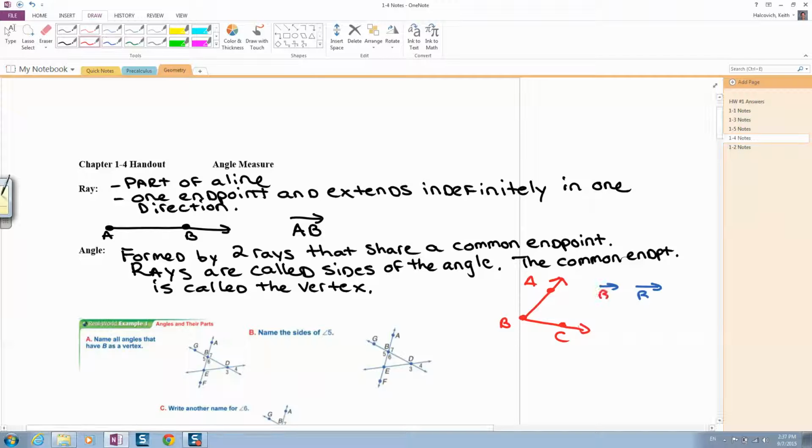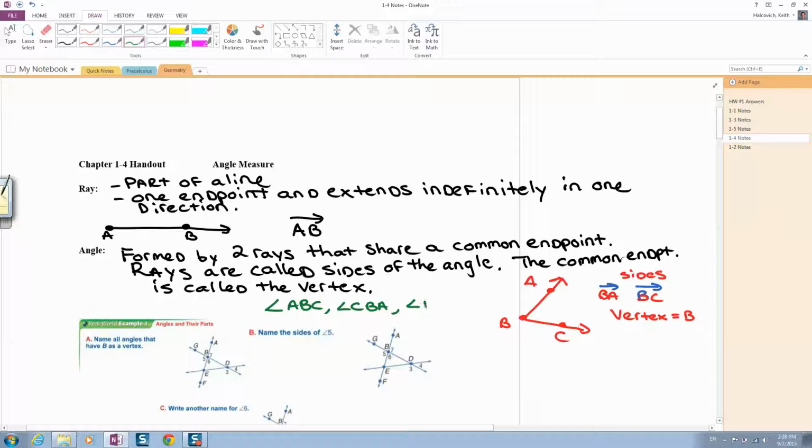The sides are BA and BC. Those are the sides of the angle. The vertex is B. Now, when you name this angle, you can name it angle ABC, angle CBA.